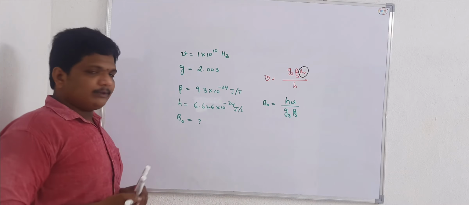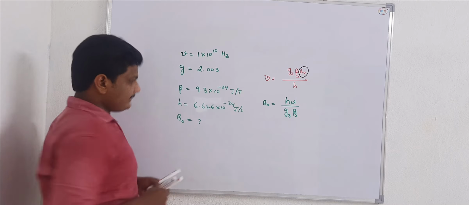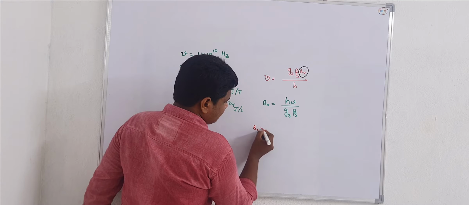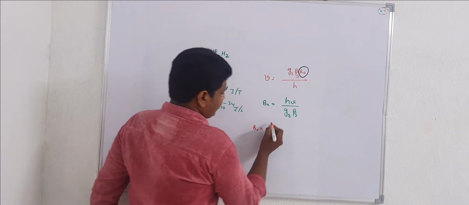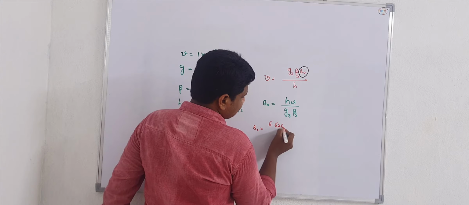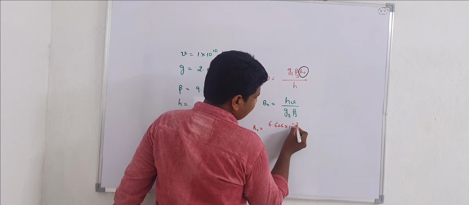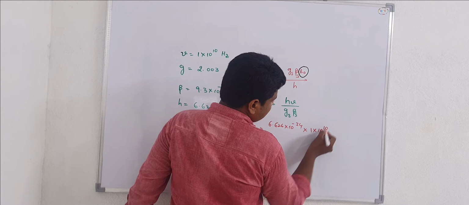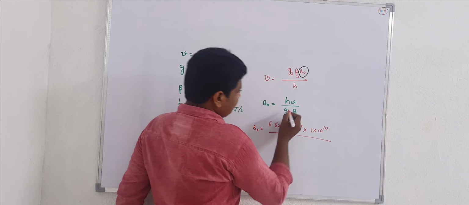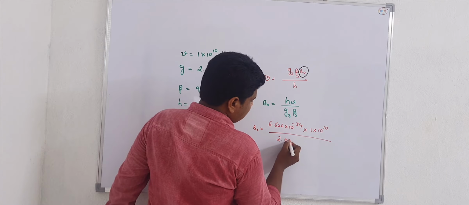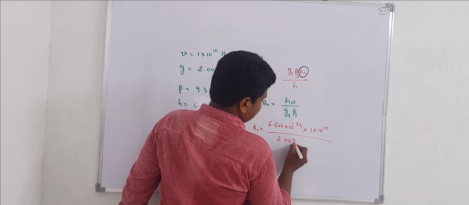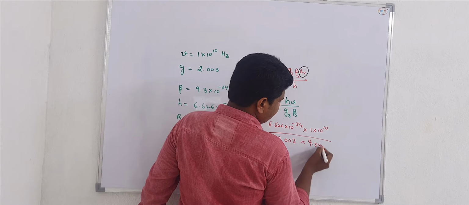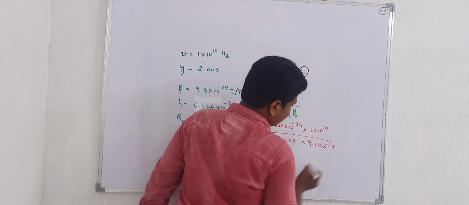If you substitute these values in this equation, B naught is equal to the Planck constant, 6.626 into 10 power minus 34, into 1 into 10 power 10 Hz, divided by g_s, that is 2.003, into beta_s, that is 9.3 into 10 power minus 24.